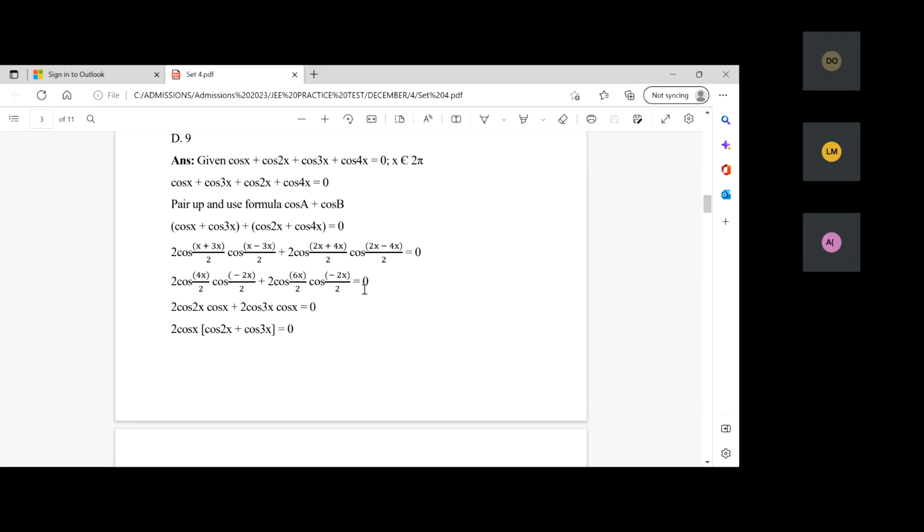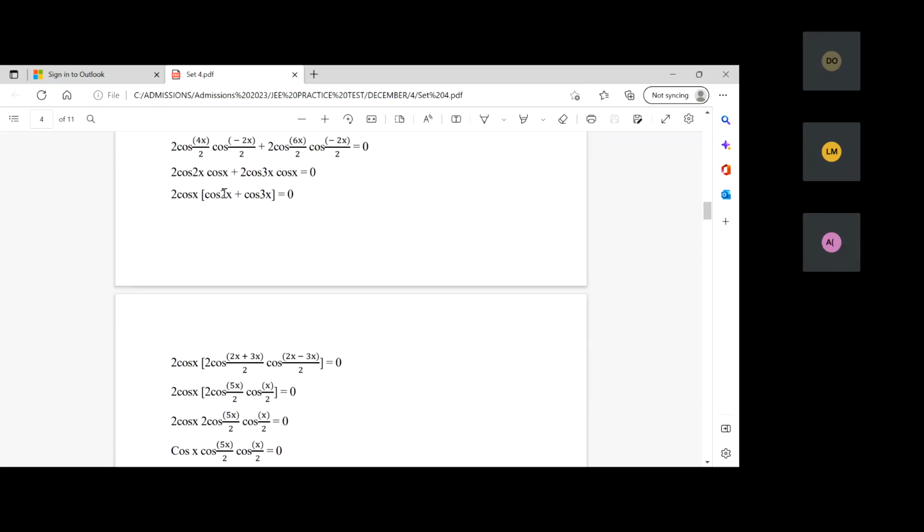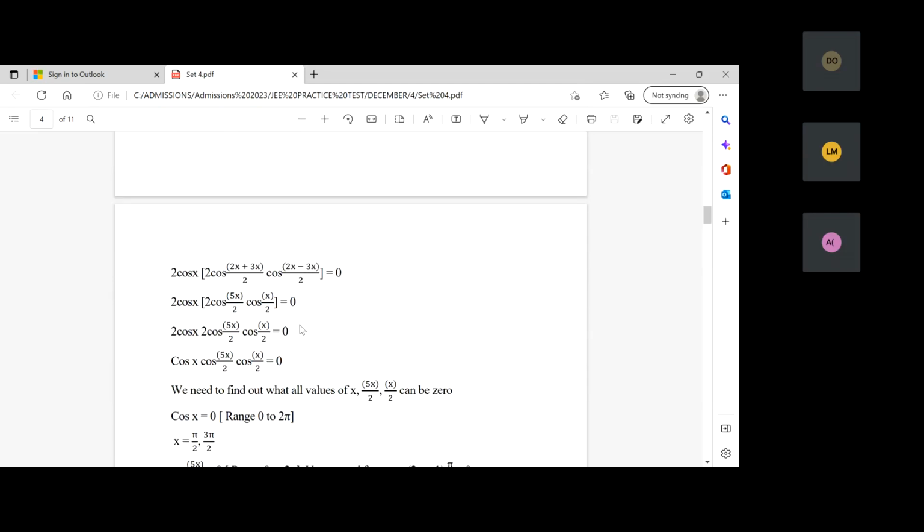You can get it simplified as 2 cos 2x cos x plus 2 cos 3x cos x equal to 0. So 2 cos x you can take outside. Apply the formula again and simplify the term here.